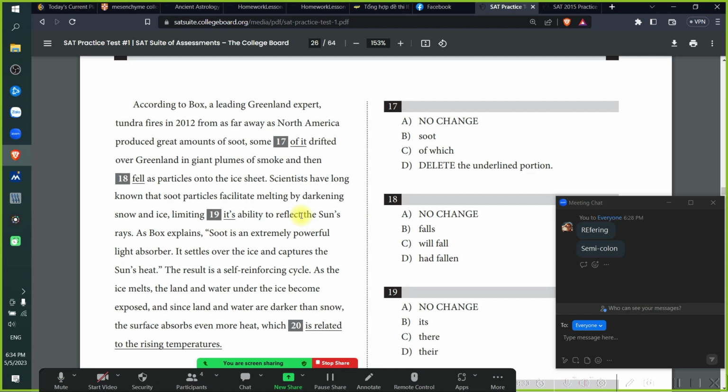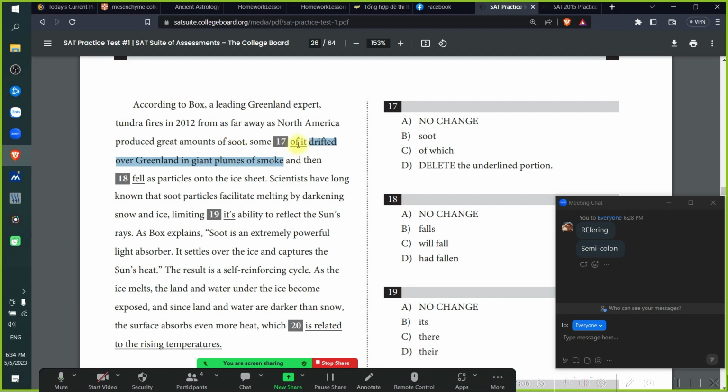17. C of which? Some of which, right? Yes. So we talk about a great amount of soot, some of which drifted over Greenland in giant plumes of smoke. Because here it refers back to the word soot, and it also talks about the characteristic of the soot.